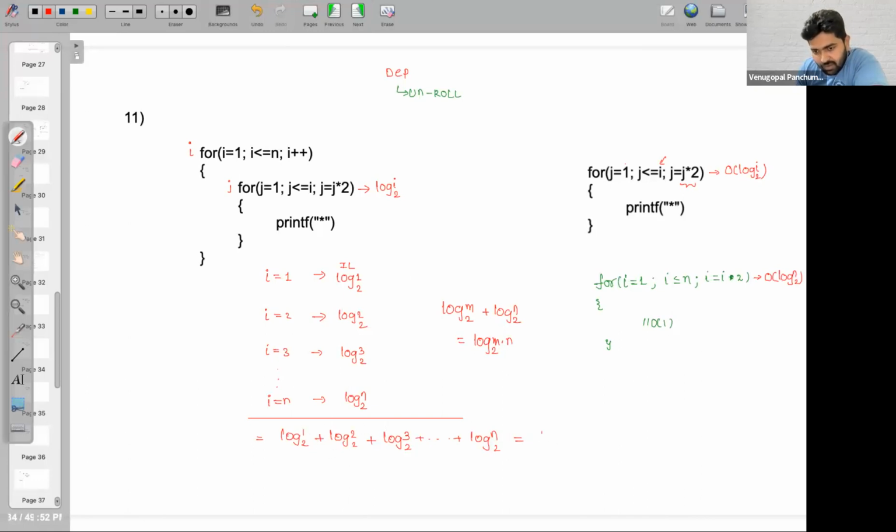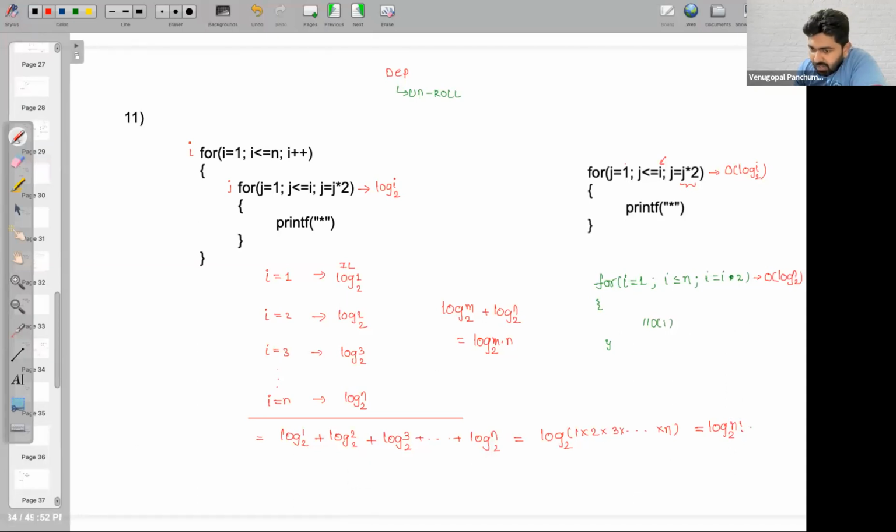So with log base 2, can I write 1 into 2 into 3 and so on up to n inside? Very good. So this is nothing but log base 2 of n factorial.